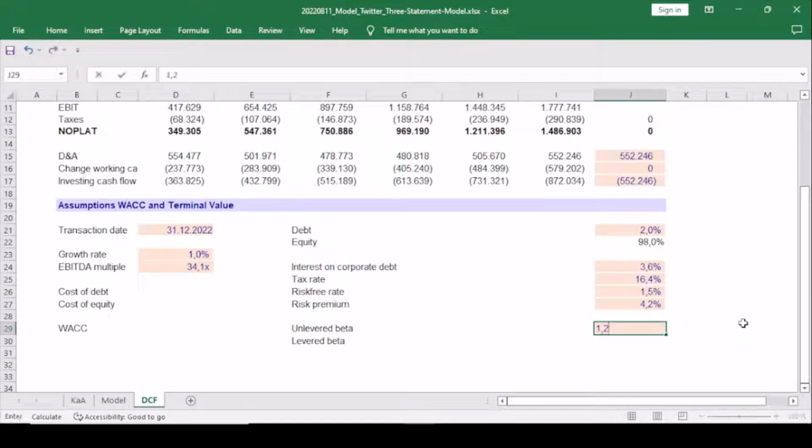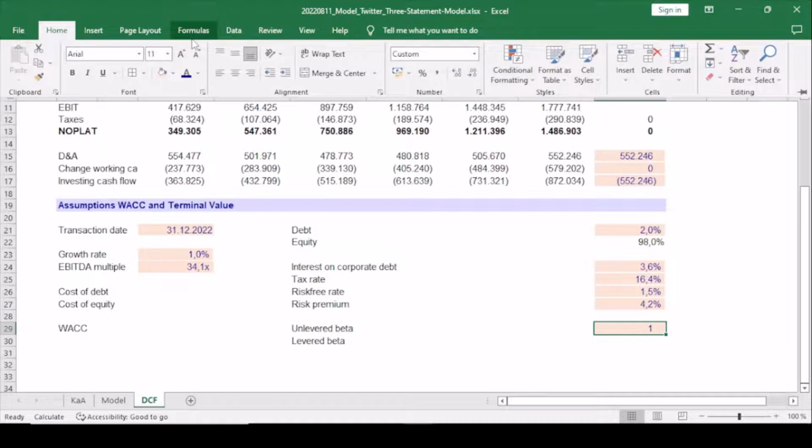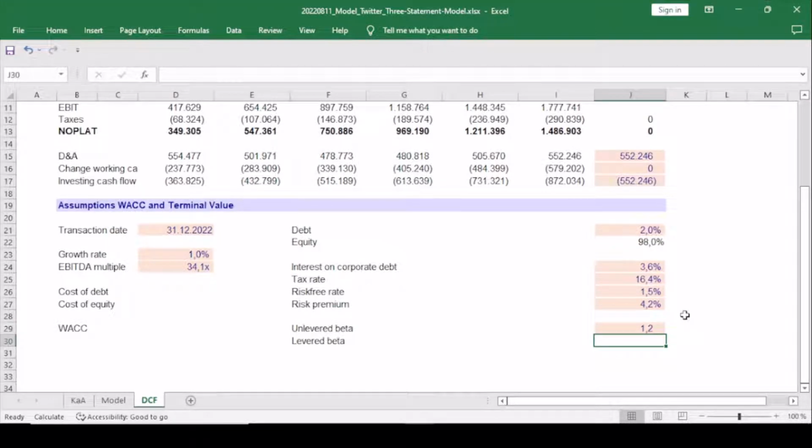Regarding beta, the factor we collected from Professor Damodaran is already the levered factor, but in our case, I will plug in the formula to arrive at a levered beta so that you have the respective tool in place.